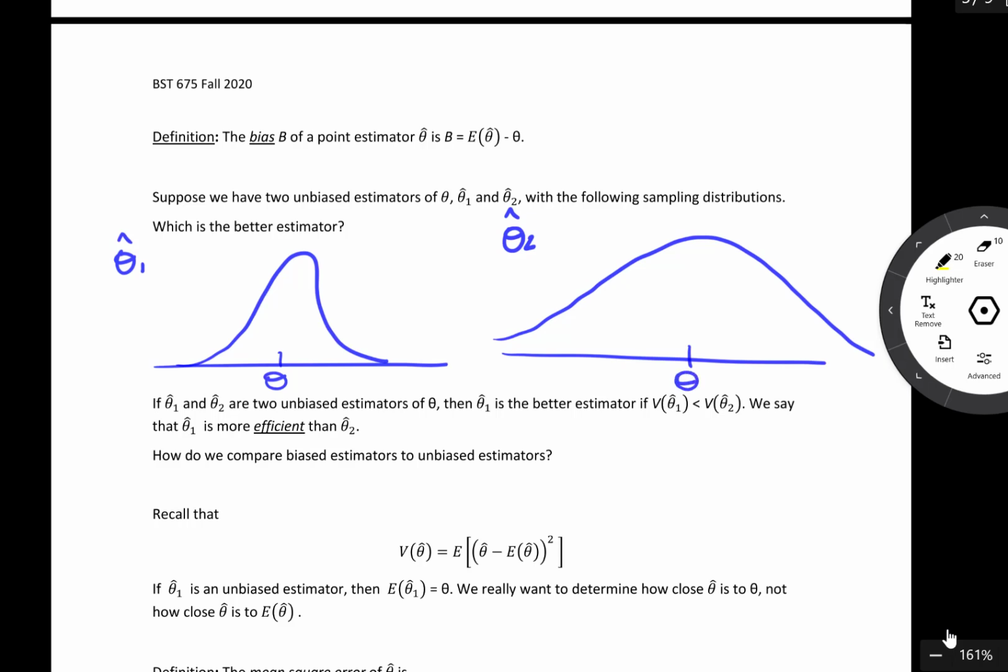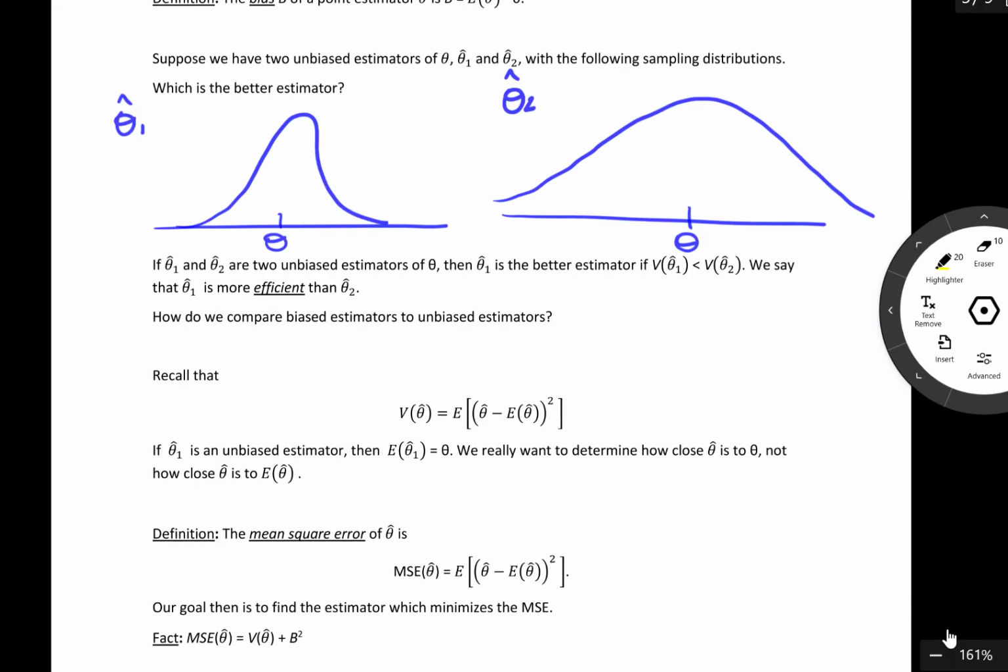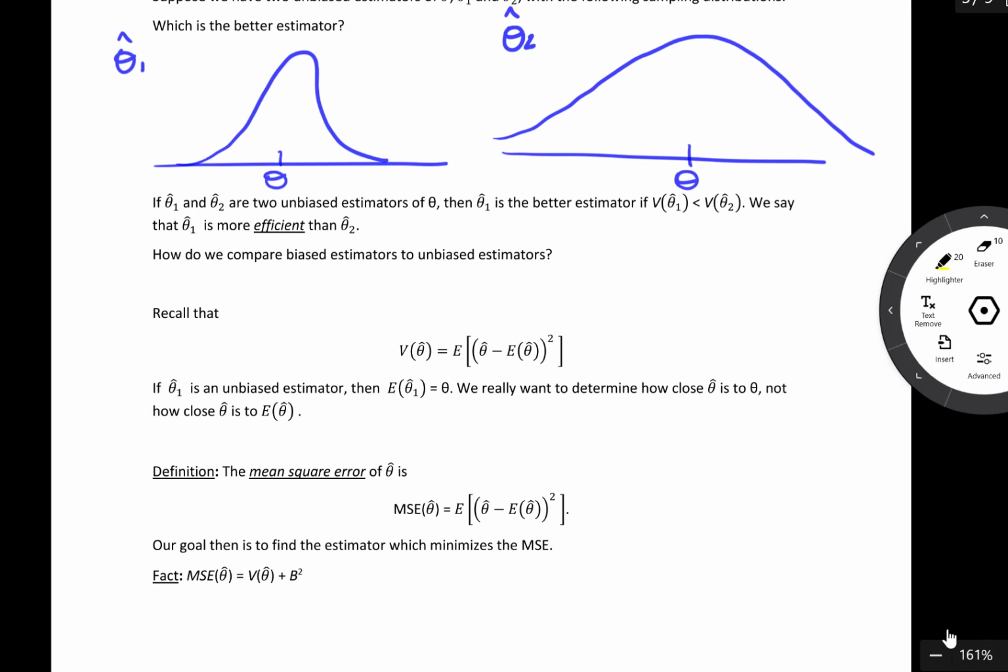But notice that theta hat 2 has a much larger variability. So in this case, we would say that theta hat 1 is the better estimator because it has a smaller variance. If theta hat 1 and theta hat 2 are unbiased estimators of theta, then theta hat 1 is a better estimator if it has smaller variability. And we say that theta hat 1 is more efficient than theta hat 2.